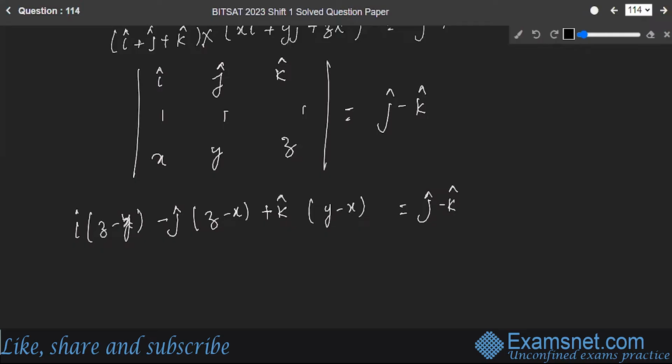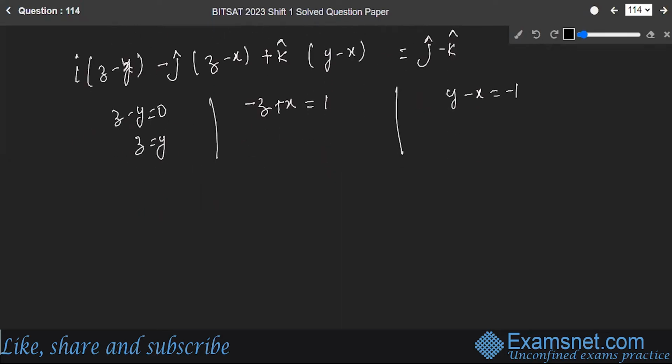So if I equate the i component to 0, this gives me y minus z is equal to 0, which gives you y is equal to z. And then you have minus z plus x is equal to 1. And one more thing you have is y minus x is equal to minus 1.